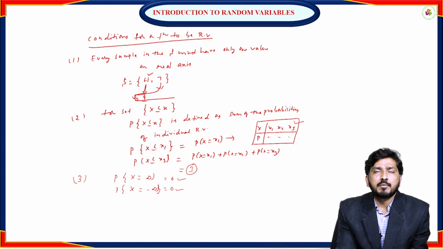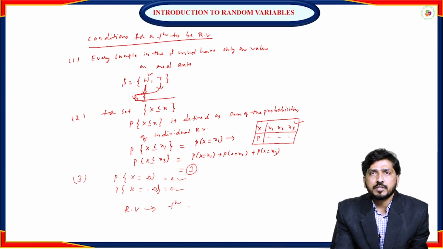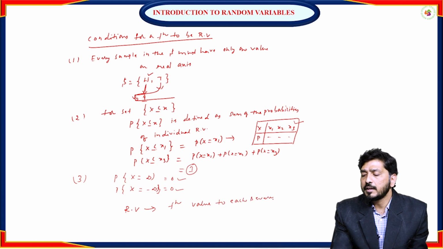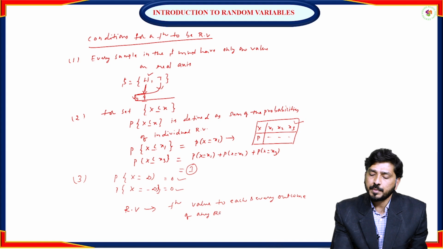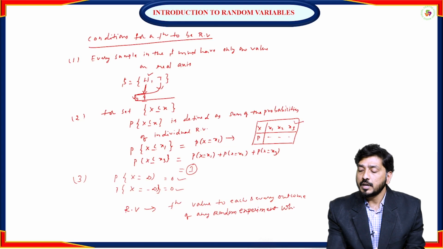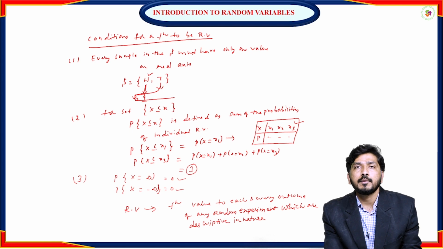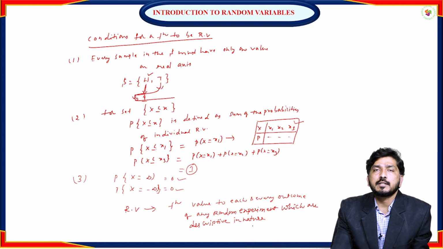So what we have seen is the introduction to random variable. With this I can conclude the definition of random variable: a random variable is a function which assigns a real value to each and every outcome of any random experiment which are descriptive in nature, like head, tail, these kinds of things, where we cannot find the characteristics without numerical values.